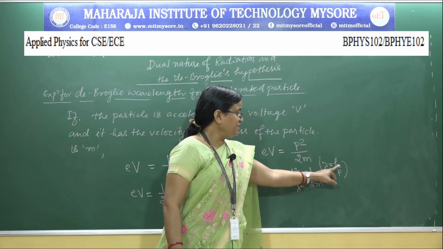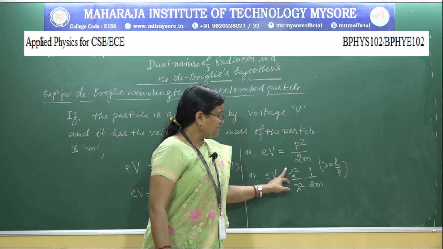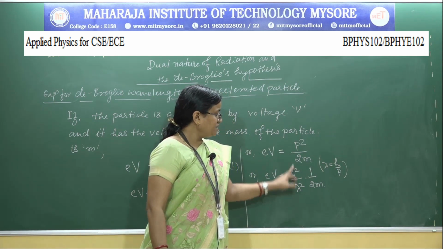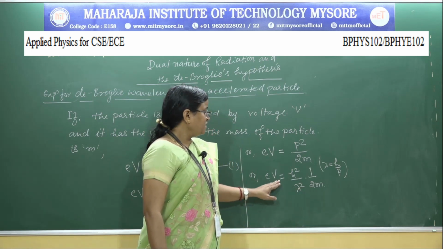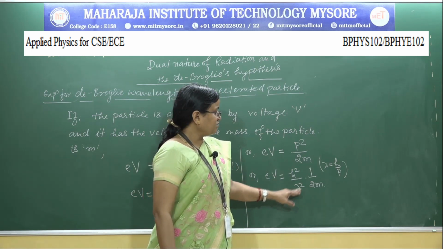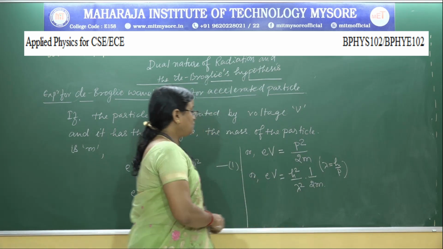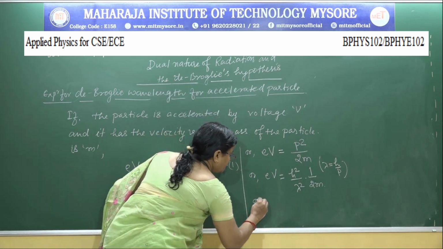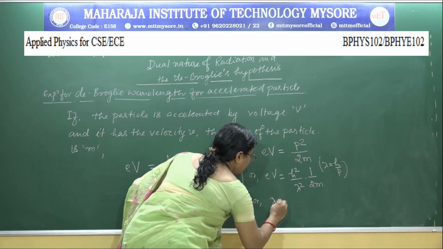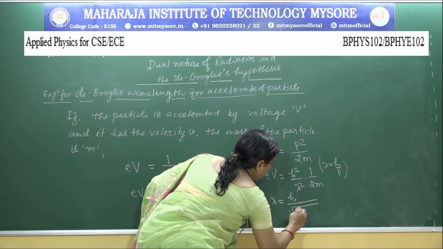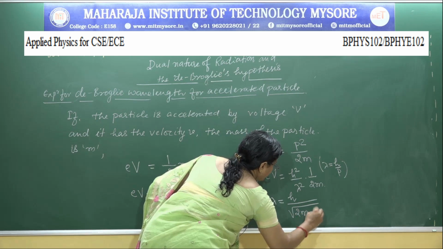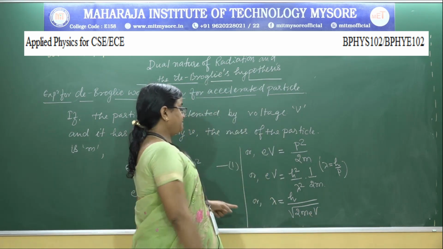Squaring it, p square will be equal to h square by lambda square, and retain 2m. So eV will be equal to h square by lambda square into 1 by 2m. If we solve this, we get lambda is equal to h by square root of 2m eV.